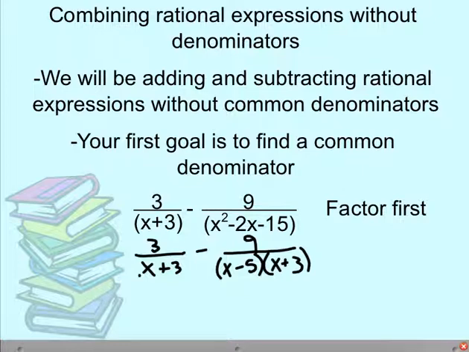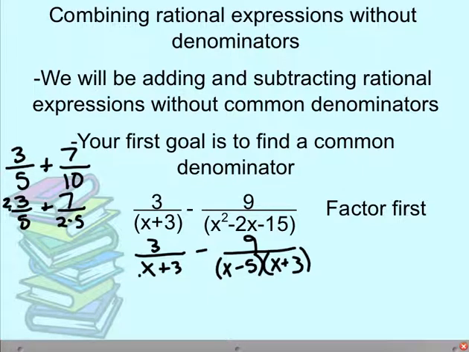Now remember, with our fractions, if we had something like 3 over 5 plus, let's say, 7 over 10, we could find common denominators by saying that this is 3 over 5 plus 7 over 2 times 5, which means that this first one is missing a factor of 2, so I would multiply it by 2 over 2.